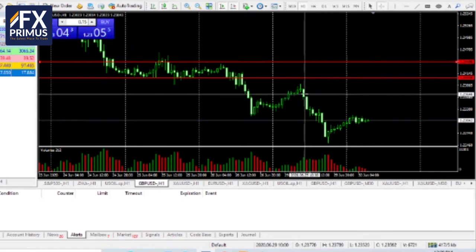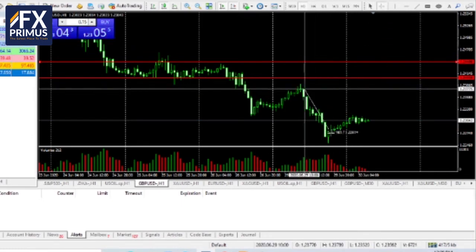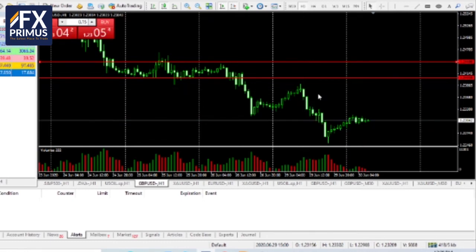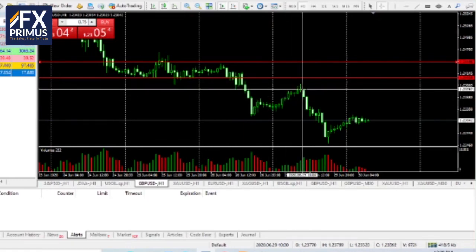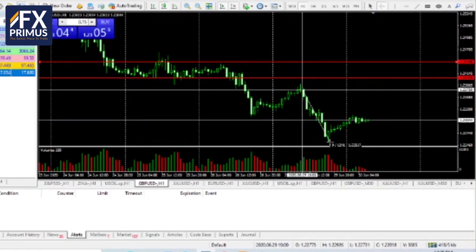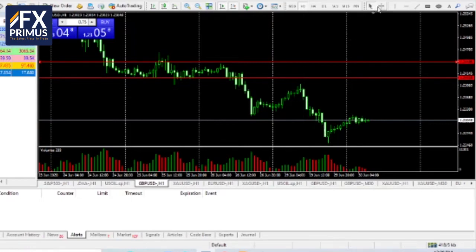So altogether, from 3 p.m. until the US trading session, the UK pound weakened about 126 pips. Very beautiful move again, very gradual and very subtle move, but it still managed to move its customary 150 pips daily range.